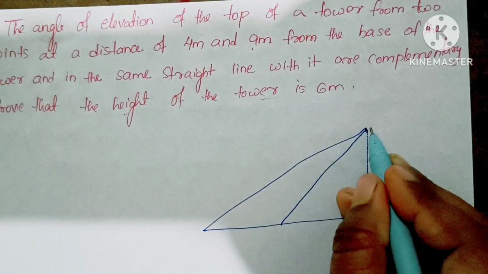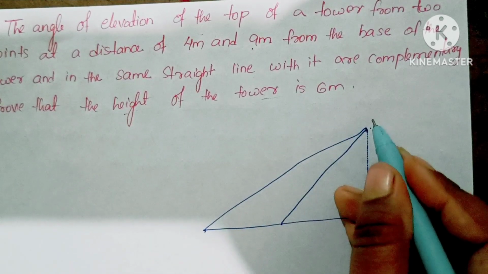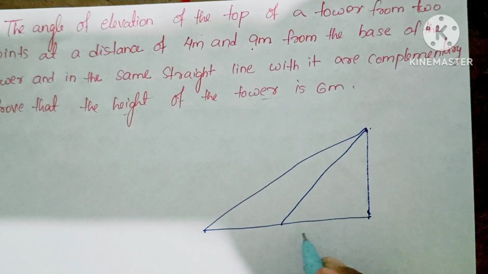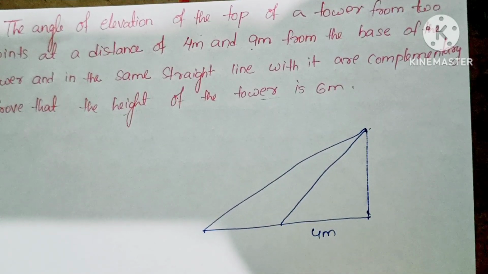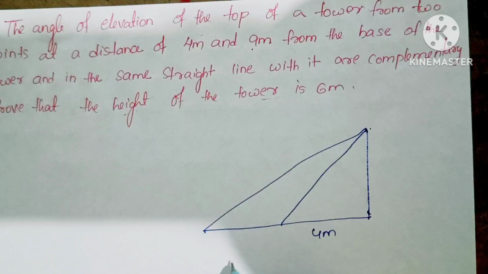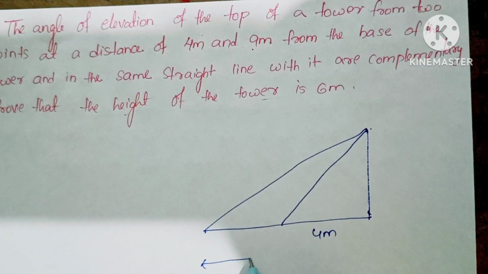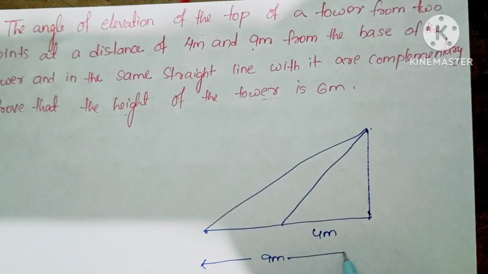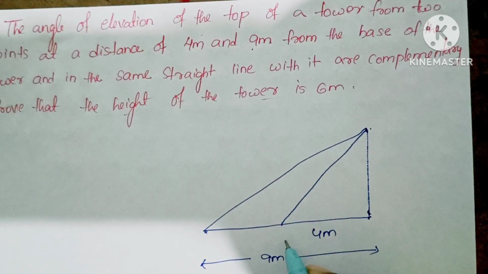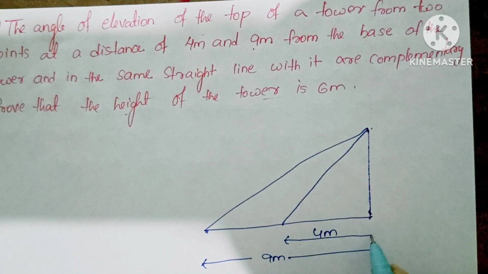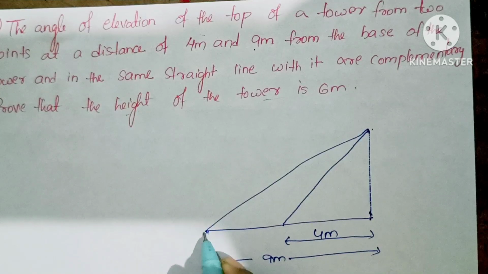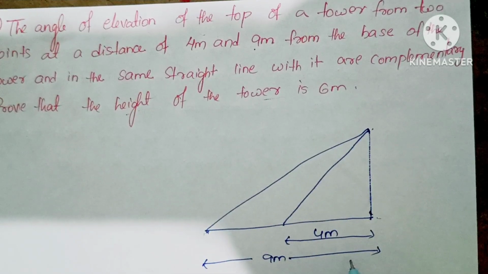From this point he was watching the tower, and from this point he was watching the tower. This length is 4 meters, and from here to this point is 9 meters.